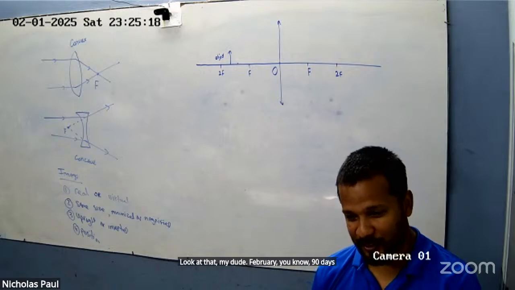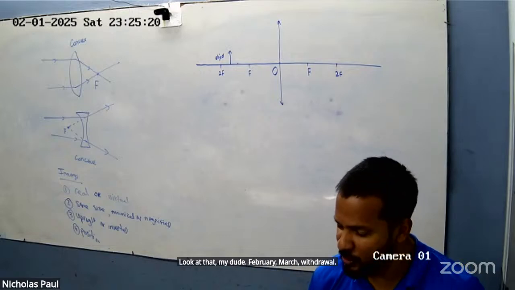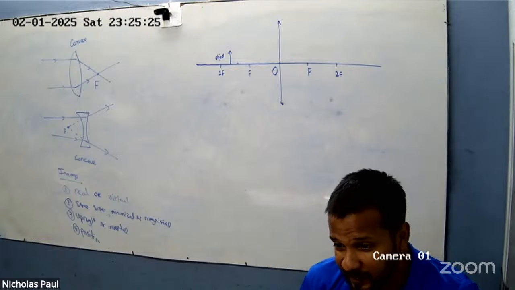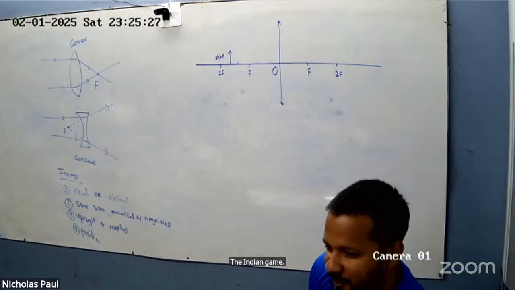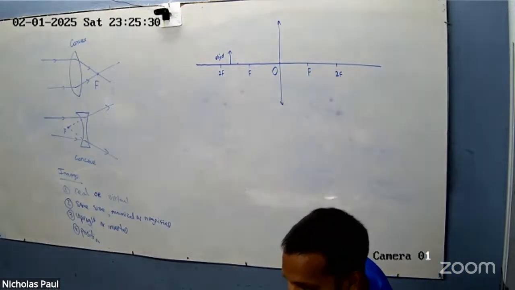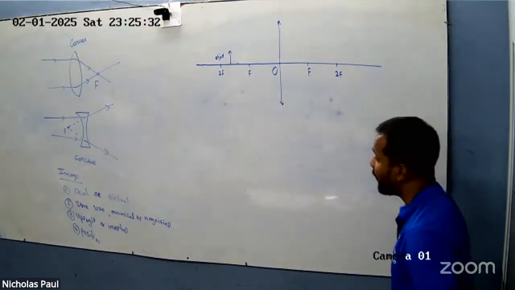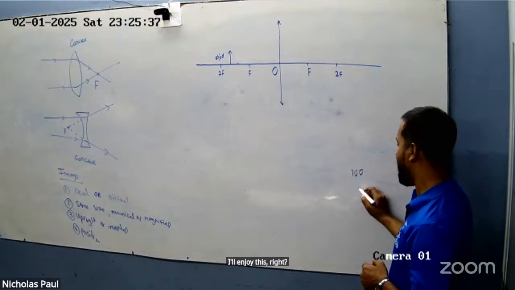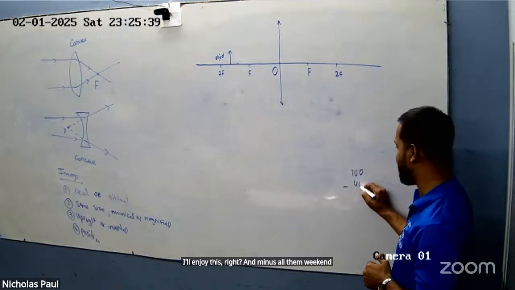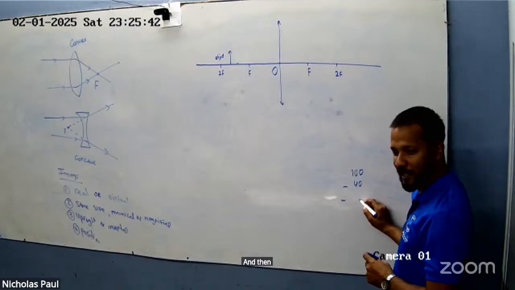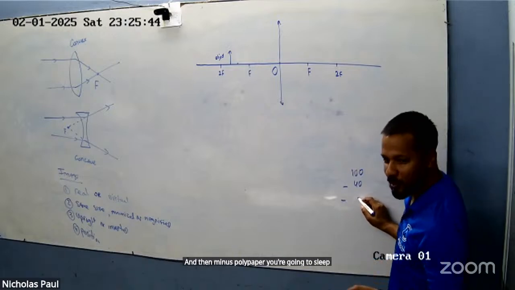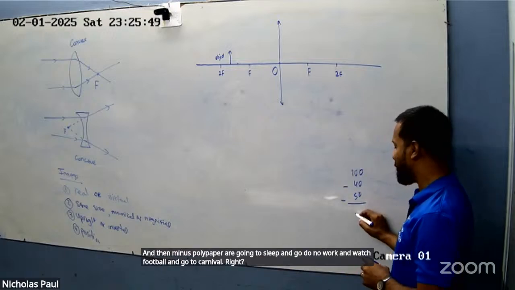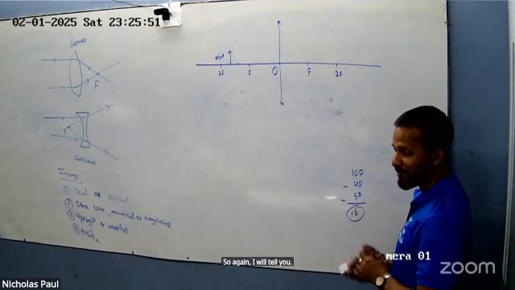February, March, April. 93, so the exam is early in May. 5th of May is physics. 100 days, watch this math, minus all the weekends, and minus all the days that you're going to sleep and watch football and go to carnival and things. So you end up with what, 10 days? In 10 days you have to study.